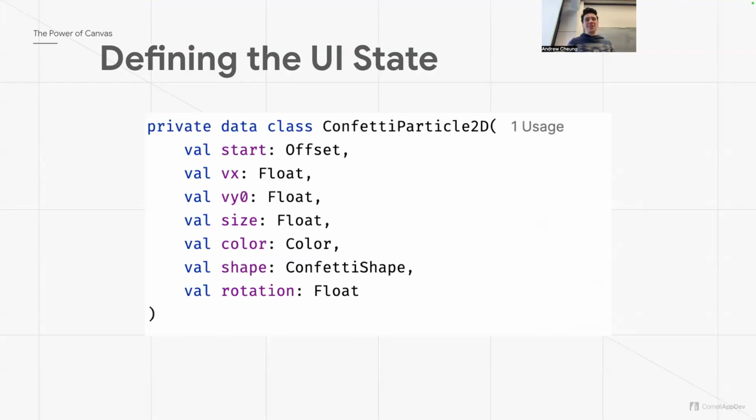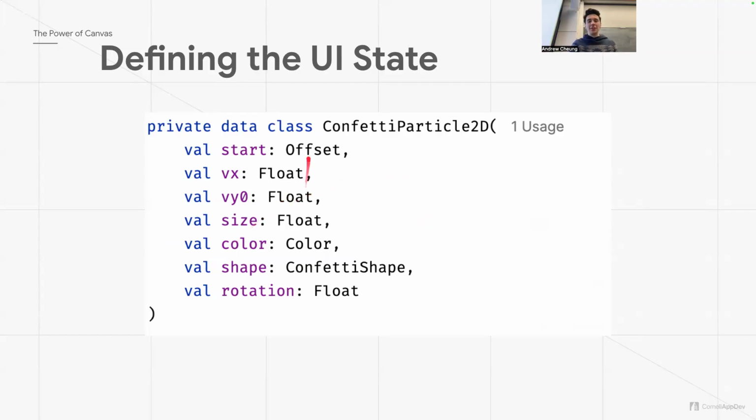So we're going to start by defining the UI state. The way that we do that is we're going to make this helper class that will make things way easier for us, which defines a confetti particle. It's going to have information about the particle because the way that we're going to do this confetti animation is through a mini physics simulation, which Canvas will actually allow you to do really easily, which is super cool.